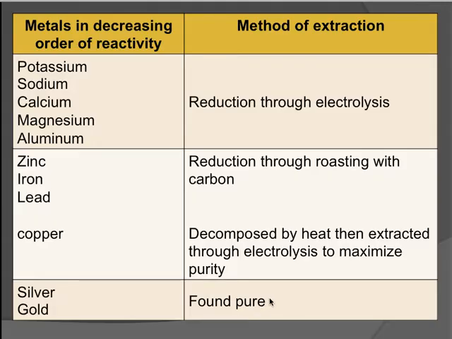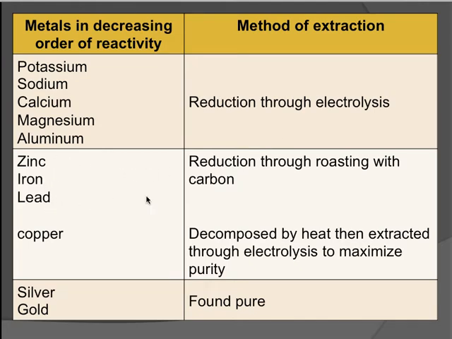And if you recall, there is an activity series. In the order of decreasing reactivity, potassium, one of the most reactive, and going all the way down to silver and gold, which can be found pure. Potassium, sodium, calcium, magnesium, aluminum, these are all reduced through electrolysis.